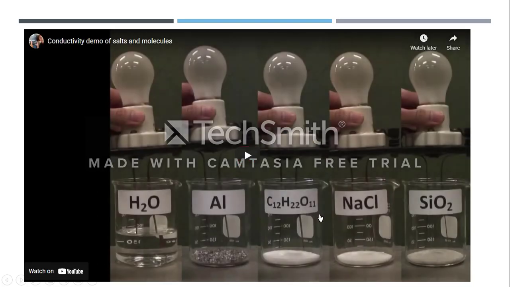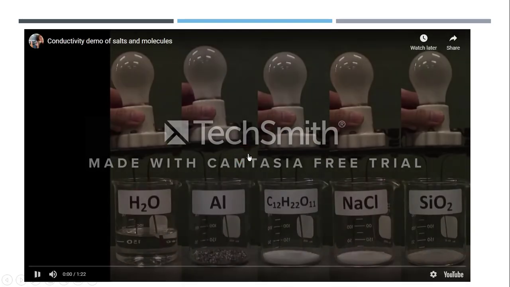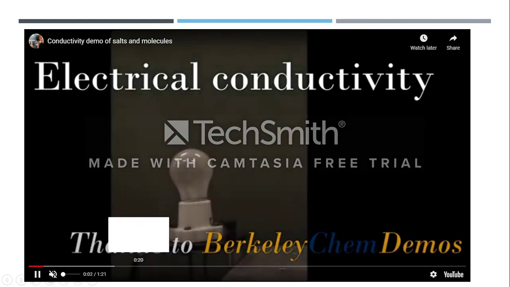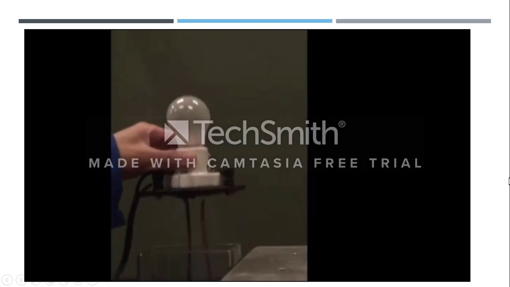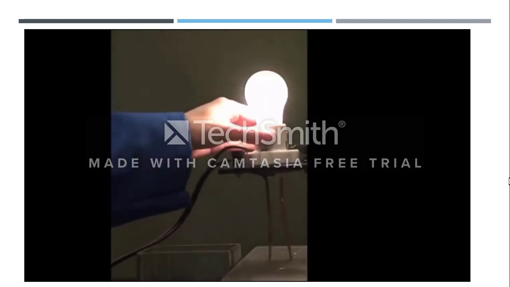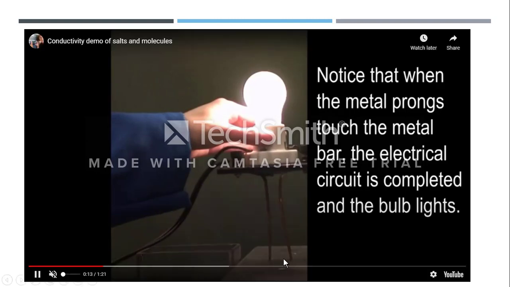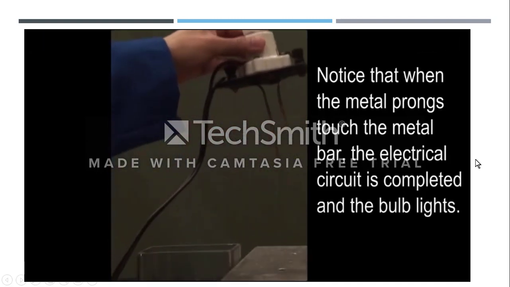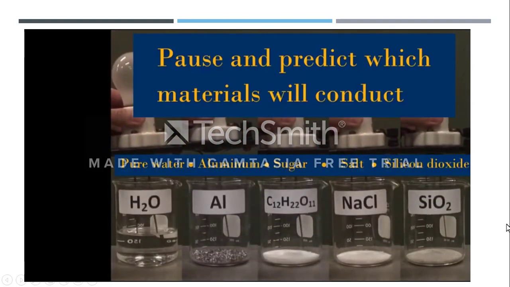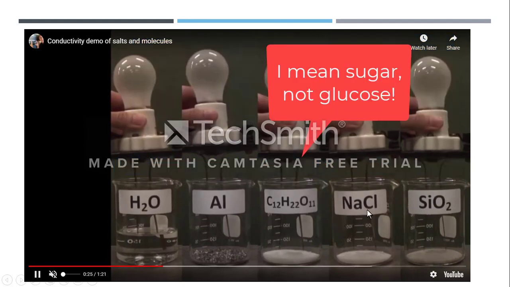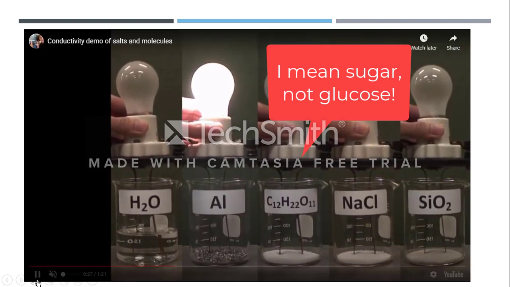So let's take a look at this experiment. So we have our bulb. Right, so this metal is conducting electricity, and it's allowing the bulb to light. We have different substances being tested: aluminum, water, glucose, sodium chloride, silicon dioxide.